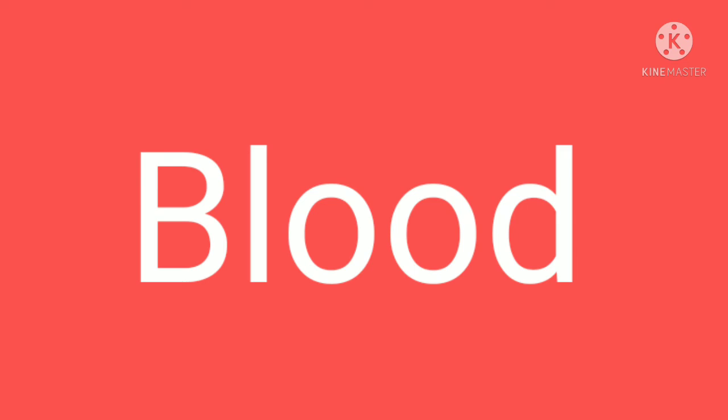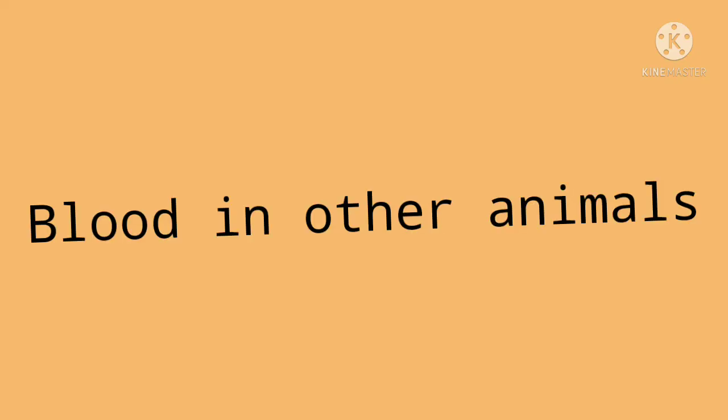Finally, blood plays an important role in transport of material in animals. Blood in other organisms. Students, I will ask one question to you. Is the blood in all organisms the same as in humans? I mean, do all animals have the same red color blood?